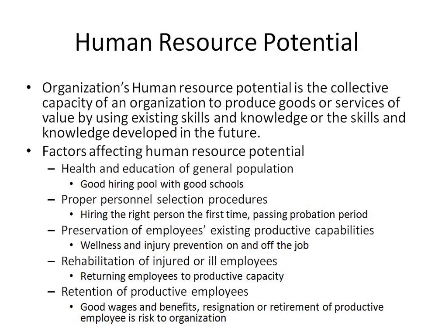So part of the factors that affect human resource potential: health and education of the general population. So as a risk manager, you want to make sure that there's a vested interest to make sure that where you're located is near good schools, that it has a population that's able to perform the type of work that you're looking to do. And this is probably the challenge if you think about, okay, Detroit, with the auto workers.